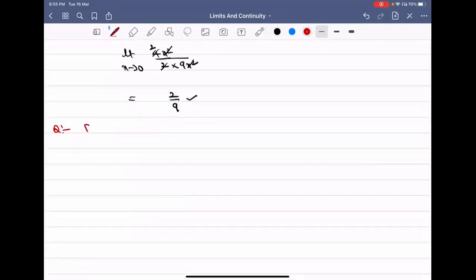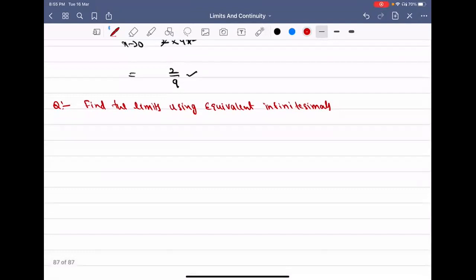Find the limits using equivalent infinitesimals.